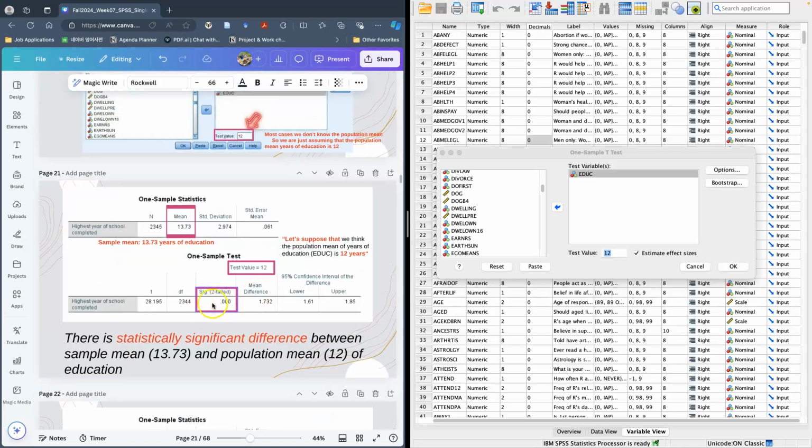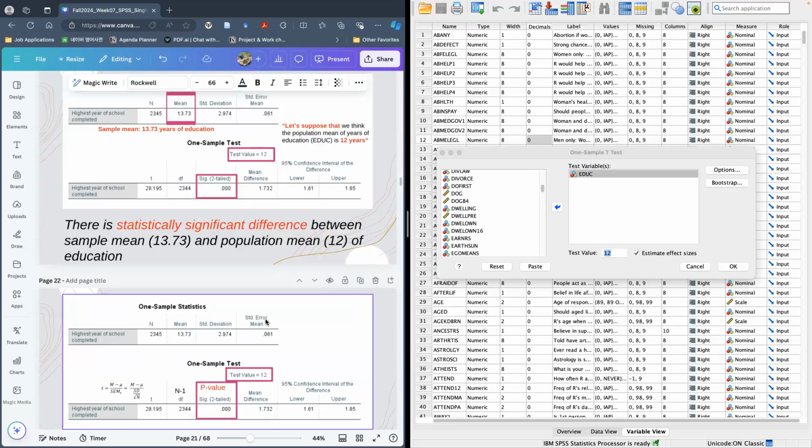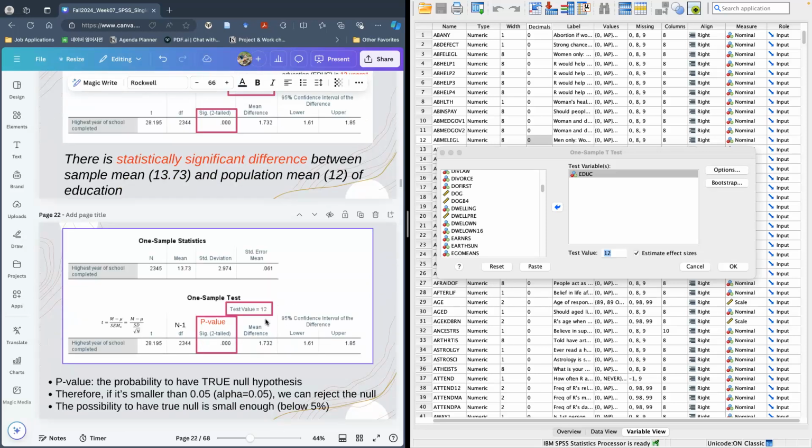Based on the outcome, it is smaller than 0.05, which means we reject the null, and the null was there was no difference. So as we reject the no-difference statement, we say there is a statistically significant difference between the sample mean and the population mean years of education. The population mean is what you put here, and the sample mean you could find here in the sample statistics.